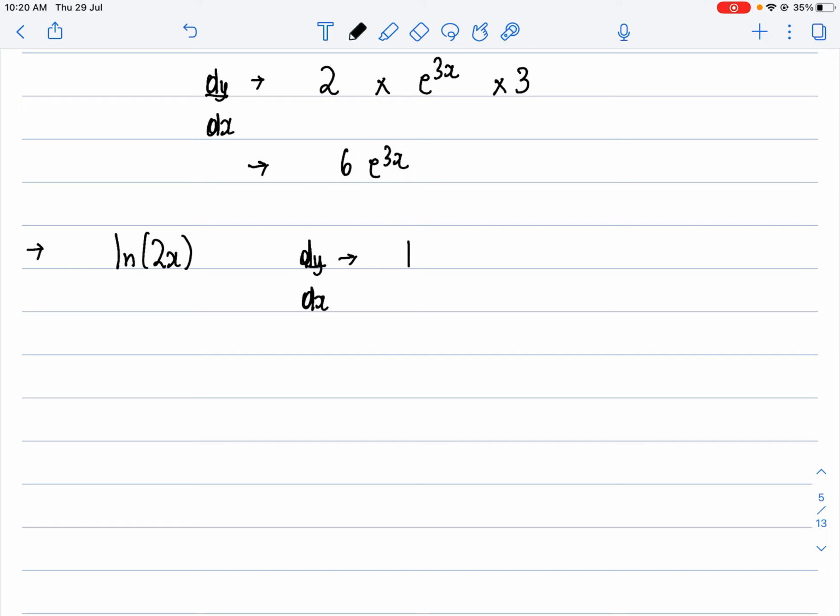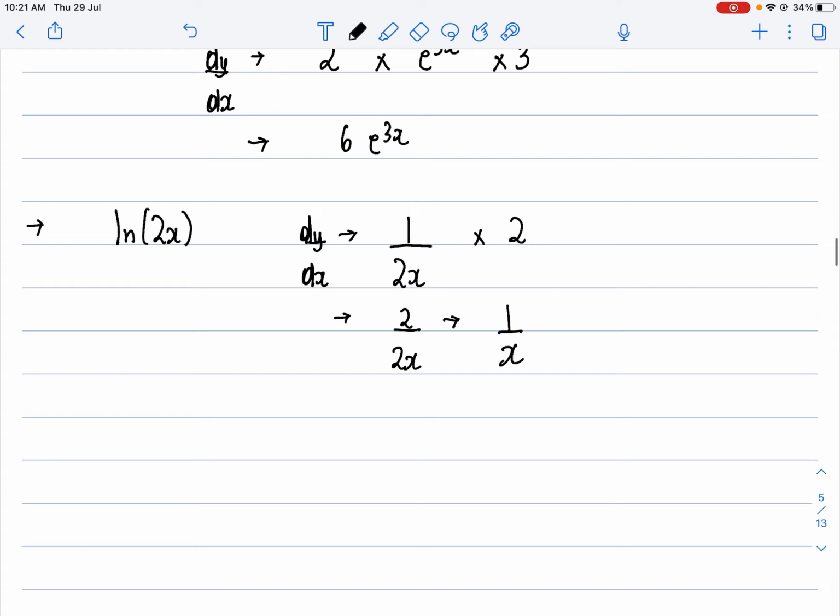So I'll write 1 divided by whatever I have in the bracket, which is 2x, multiplied by the differentiation of the inner function, 2x, which is simply 2. So I can write this as 2 over 2x, which is just 1 over x.